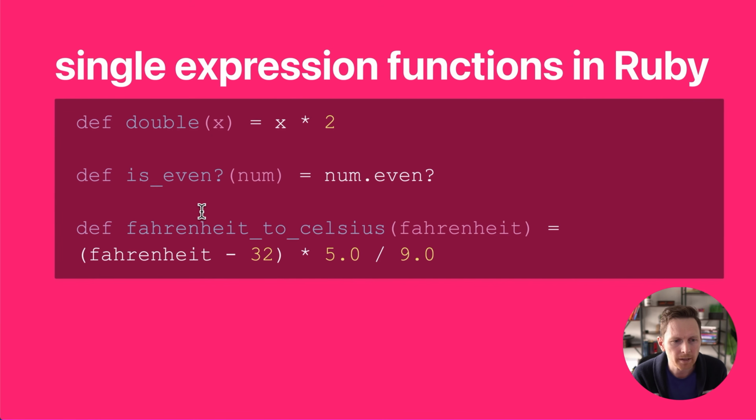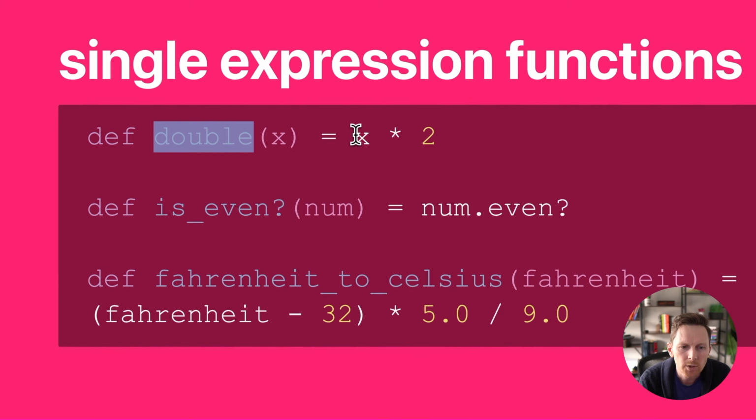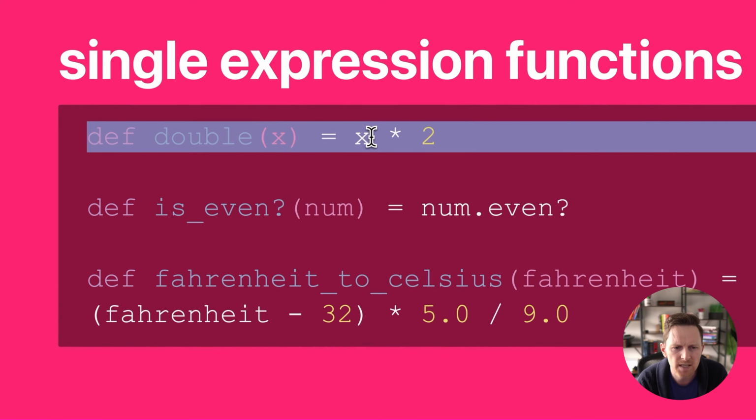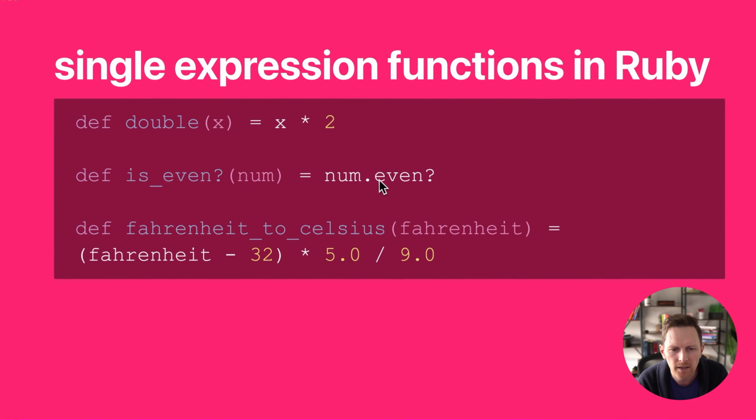So here's Ruby, right? So instead of having the end that you would need in Ruby for this double, you could just do it on a single line because this is an expression, right? This right-hand side is an expression and we just need to assign it to this value. This right-hand side here is an expression, and so we assign it to this function definition.